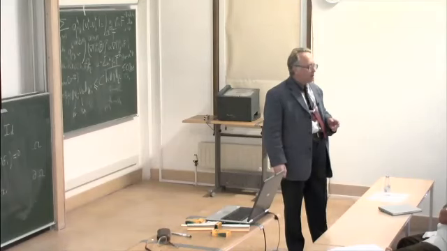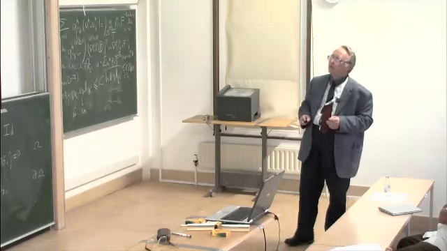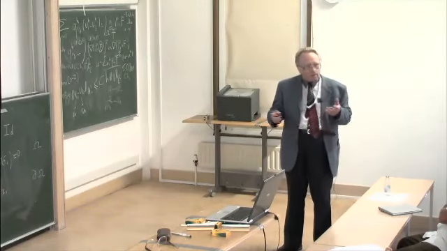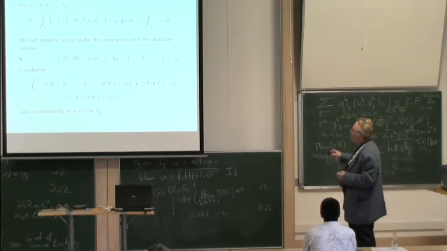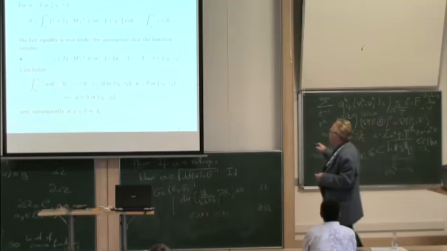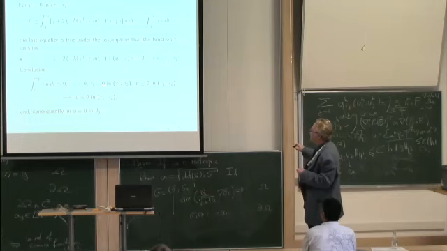Such a function exists, it can be constructed, and an explicit formula is known. So we can draw the conclusion: epsilon times the integral of gamma u dt is less or equal to 0. Epsilon is supposed to be greater than 0, and gamma is greater than 0.